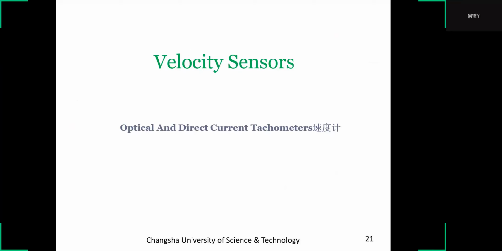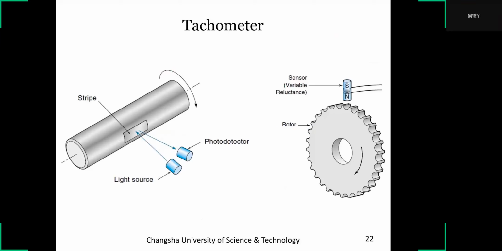Next, velocity sensors. Velocity sensors include optical and direct current tachometers.